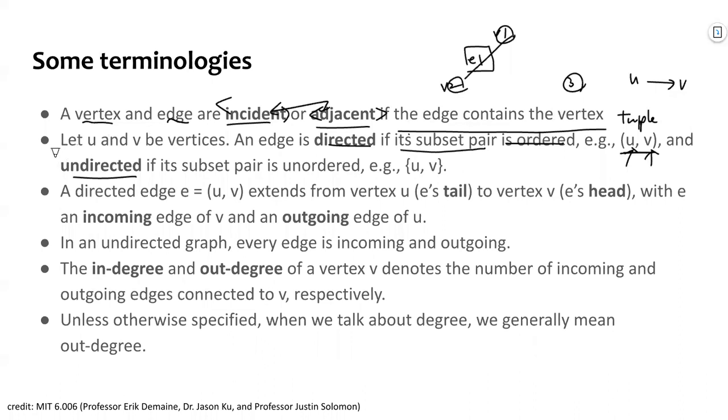Otherwise, we say the graph is undirected if its subset pair is unordered, so we use a set representation to denote the edges. And another thing is, when it comes to a directed edge, U is the starting point and V is the end point. We say vertex U, this one here, is the tail. And we say vertex V is the head. Okay?